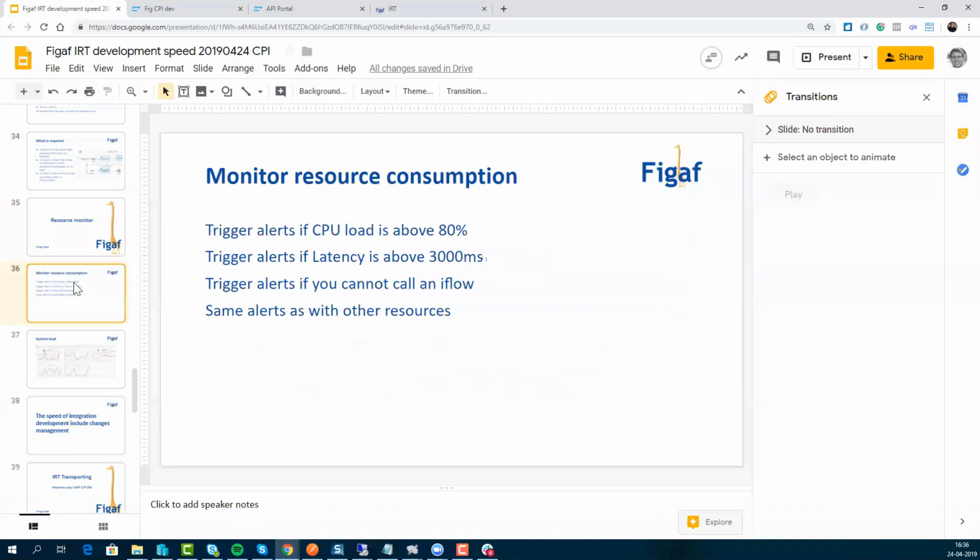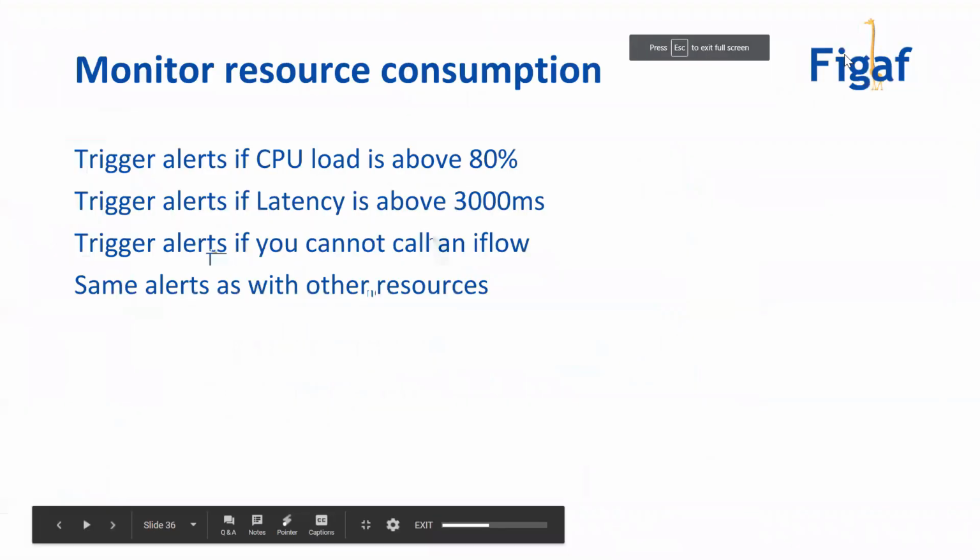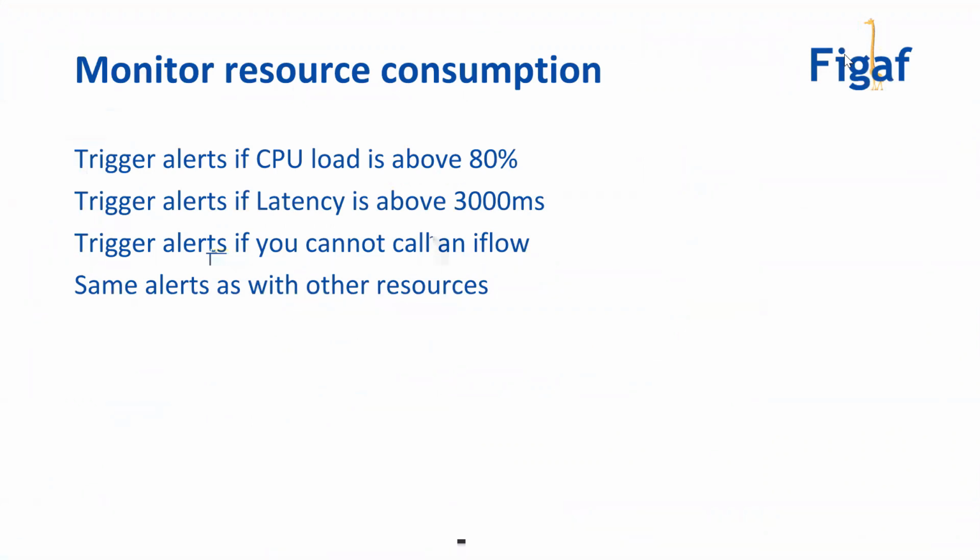We also added a way, so it is obviously important to know if your CPI tenant is running, if there are any challenges with it, like CPU load, memory consumption, or something like that. We're not really sure about what all of these values mean yet and how they are affecting your productive cycle, but at least it's something that we can measure, and we can see all of these different data.